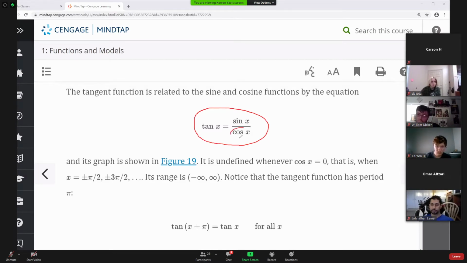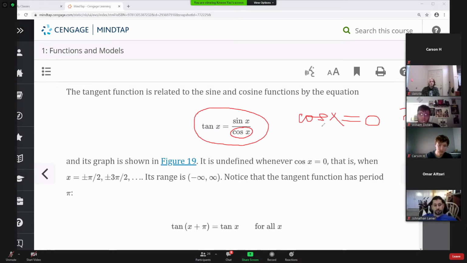The domain is all real numbers except where the denominator goes to 0. So you have to solve cosine x equal to 0.